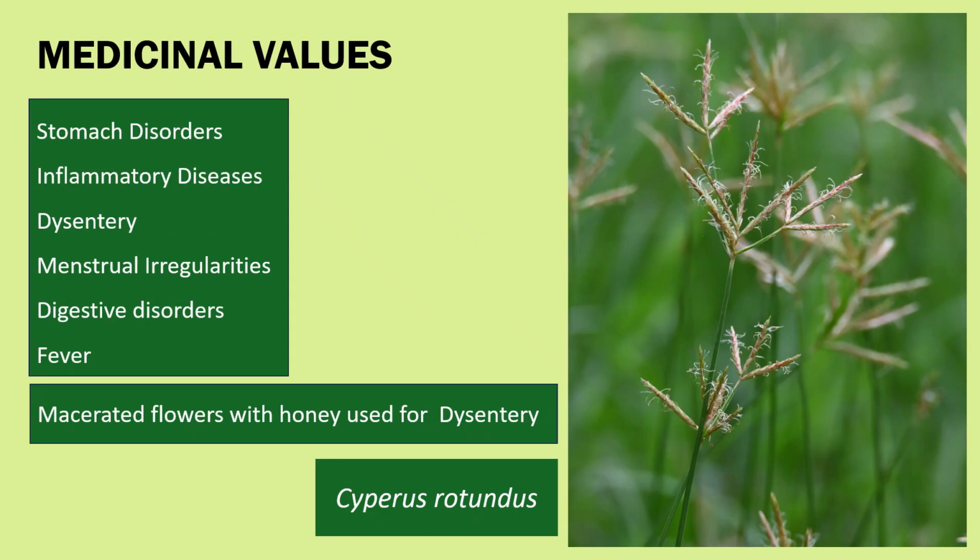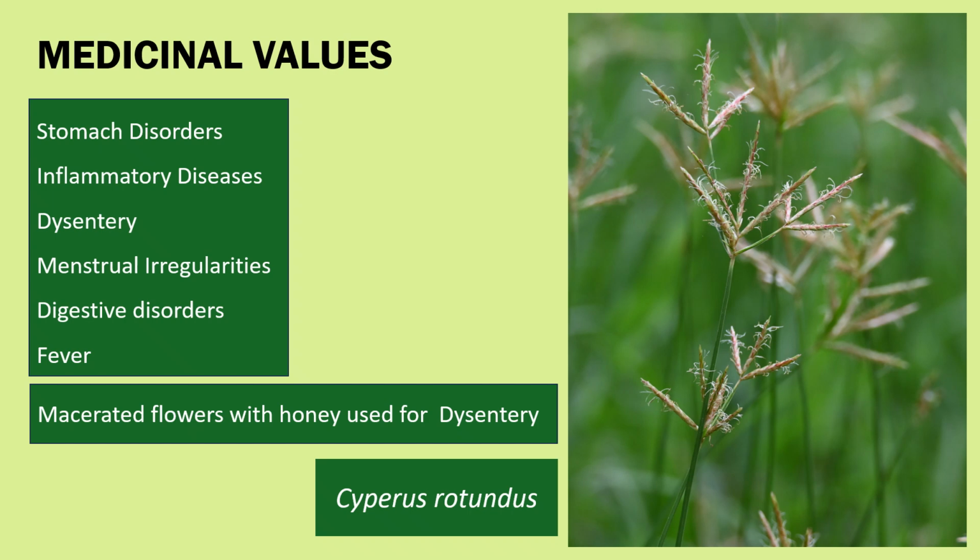The next plant is Cyperus rotundus. Like I said, this is very important in the ancient Indian medicinal system like Ayurveda. It has various medicinal uses, like for stomach disorders, inflammation, dysentery, menstrual problems, digestive disorders, and fever.